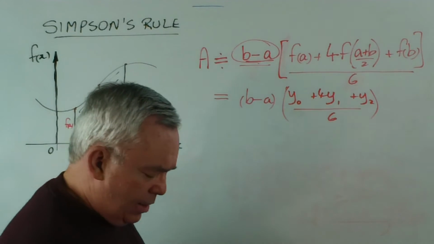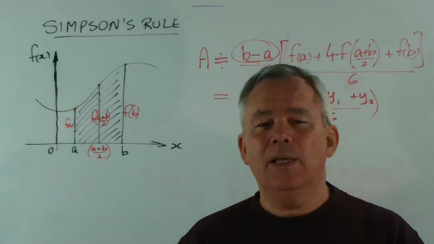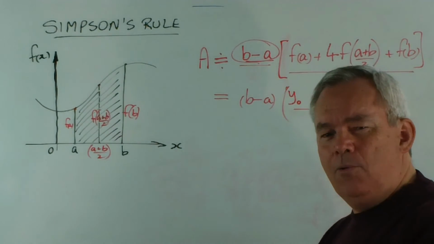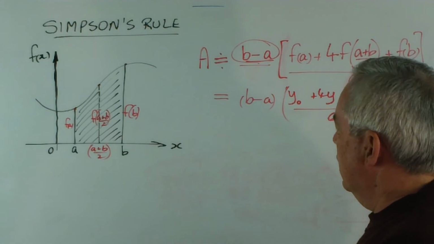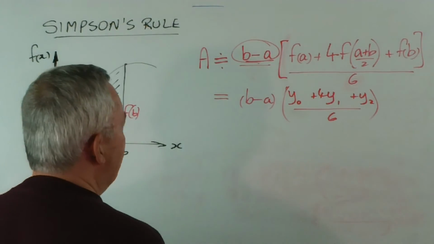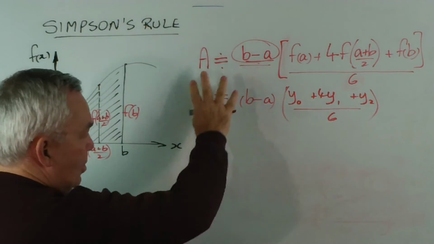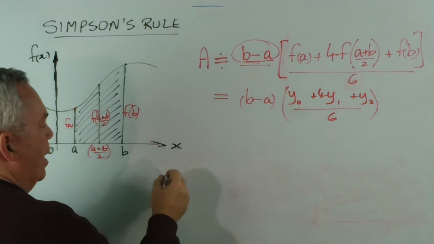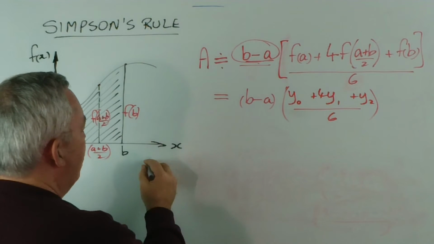What I used to do with my classes, once they understood this, is challenge them to make up their own rule. Each student would be asked, given these 3 function values, this is Simpson's rule, and we might have, my name's Graham, so we might have Graham's rule.